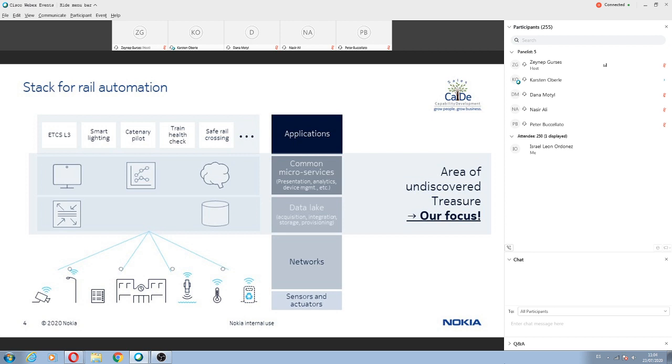To get even more down from this box, when we talk about analytics and IoT in rail, we focus clearly on this part you see here above the network. Our daily bread and butter business in Nokia is for sure networking and selling networking equipment and solutions.